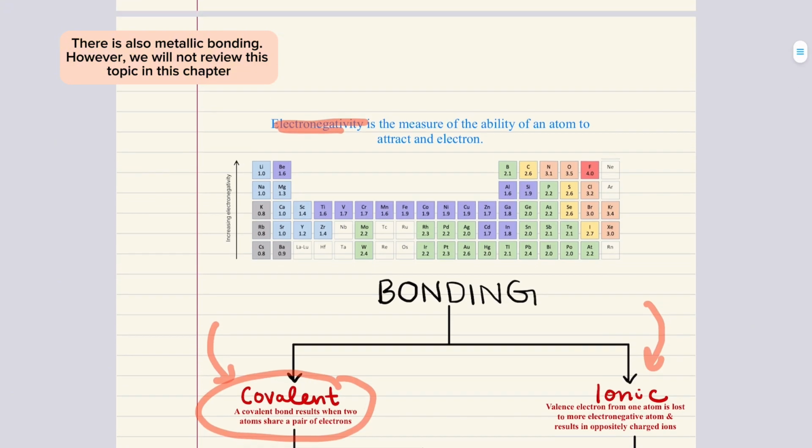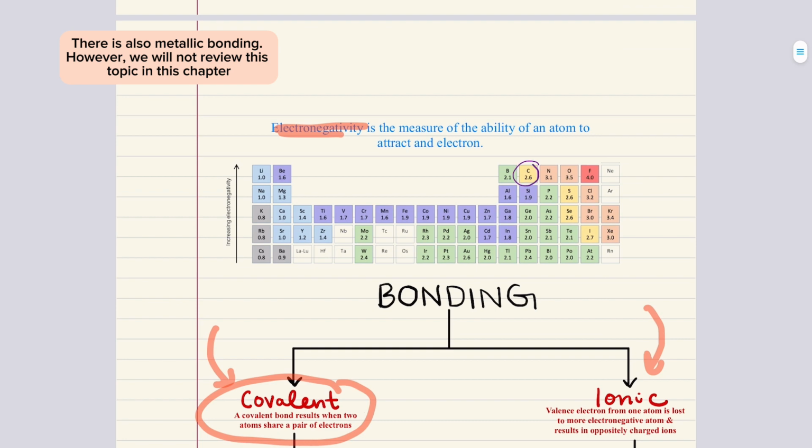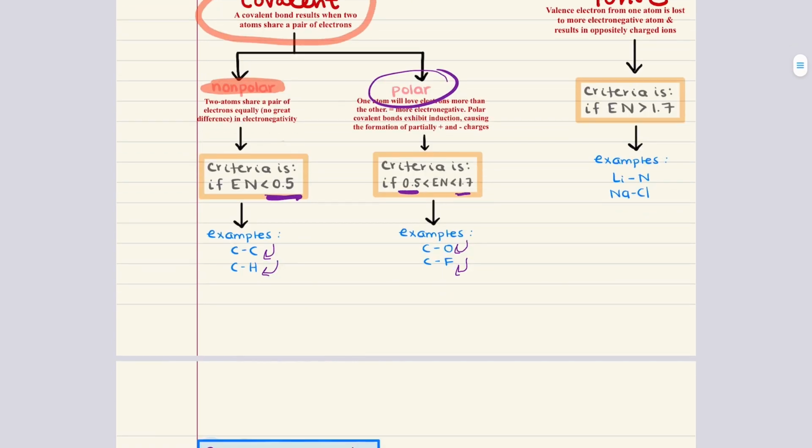If we go back up to our table, carbon has an electronegativity value of 2.6, fluorine is 4. If we take the difference, 4 minus 2.6, we get 1.4. This falls within our range of 0.5 to 1.7. Therefore, the bond between carbon and fluorine is a polar covalent bond.